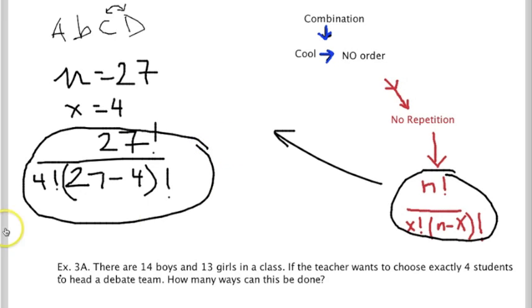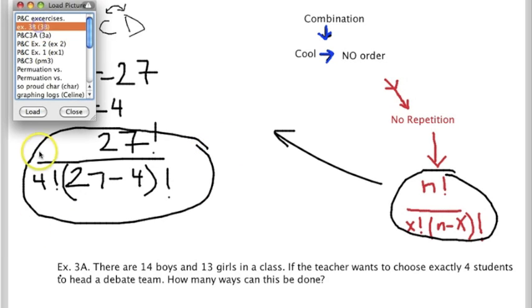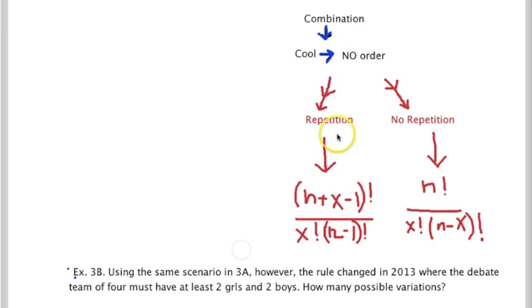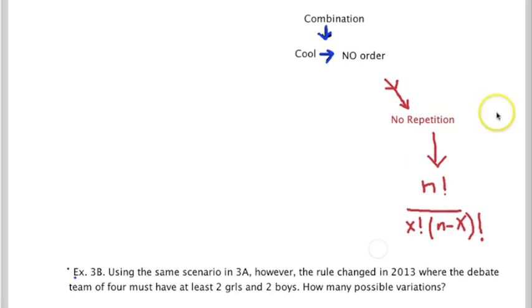Okay, now let's take a look at part B of this. So we're going to do the same thing again, but we already know that in this case permutation is not it because the order doesn't matter. And we also know, because it's the same problem, that we can't really repeat people.